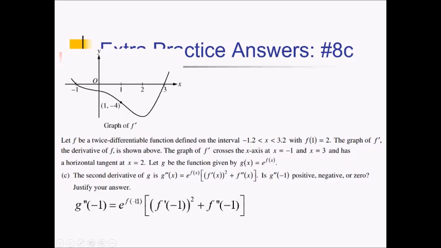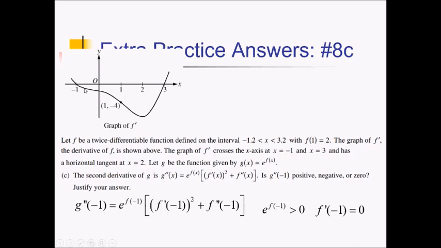All right, so let's look at each piece of this. e to the f of negative 1. They didn't tell us what f of negative 1 was, but since this is an exponential term, we know that it's going to come out positive no matter what. In here, f prime of negative 1, we actually do know what that is. If you look at the graph here, f prime of negative 1 is on the x-axis, it's 0. And then f double prime of negative 1, well, that's the slope right here.